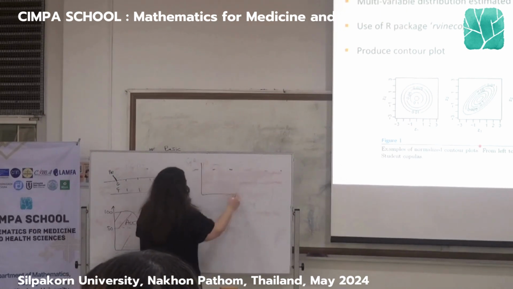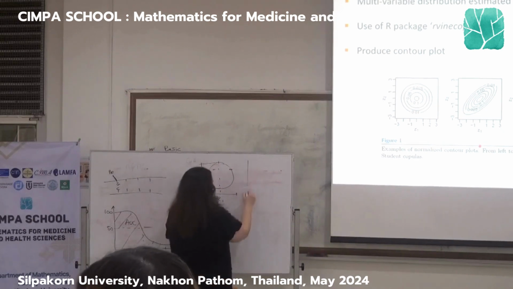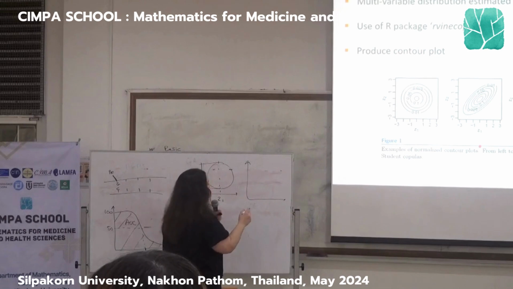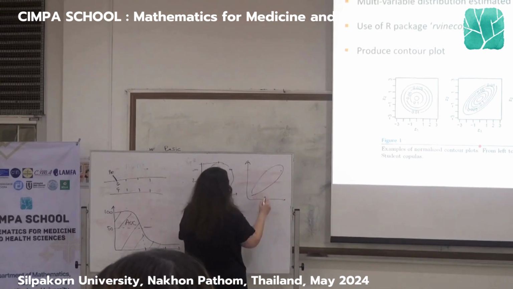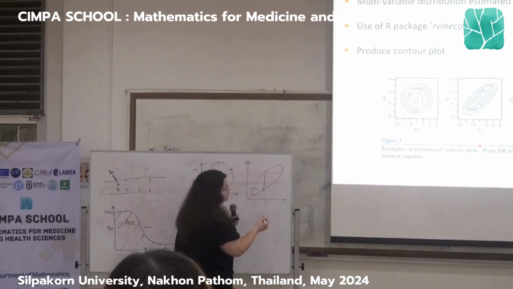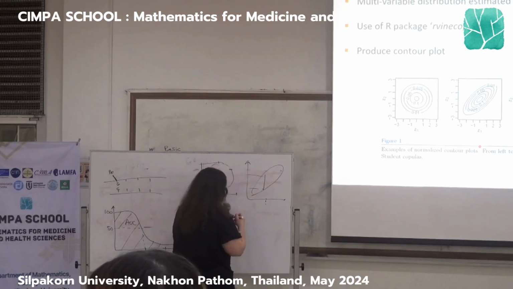Okay, so just to say that when you have something that is independent, for any value of Z1 you have plenty of values of Z2. On the opposite, when you have something that is dependent, so for instance this is Gaussian, for one Z1 you have less values of Z2.